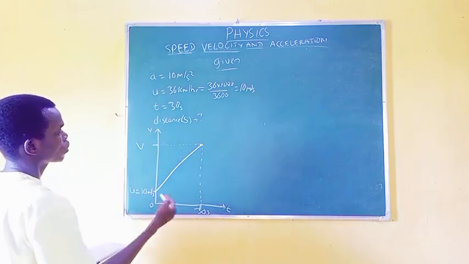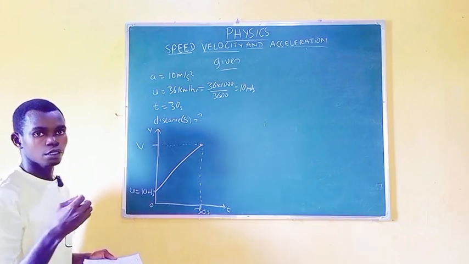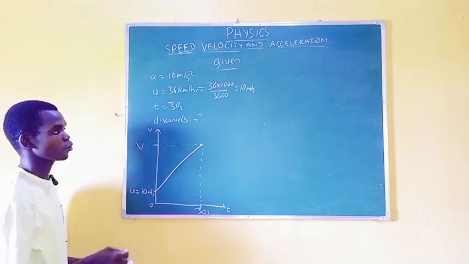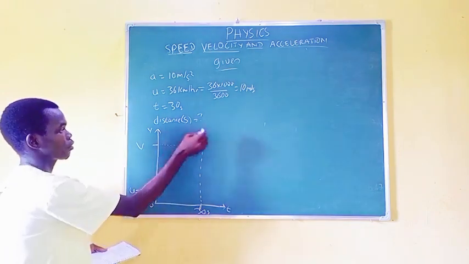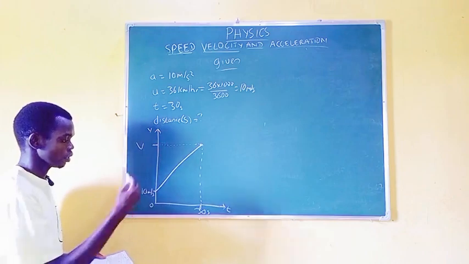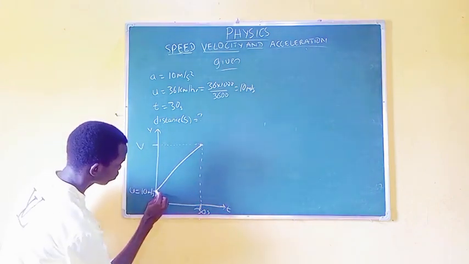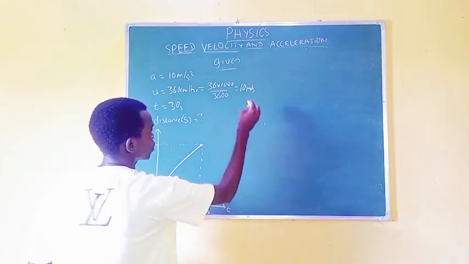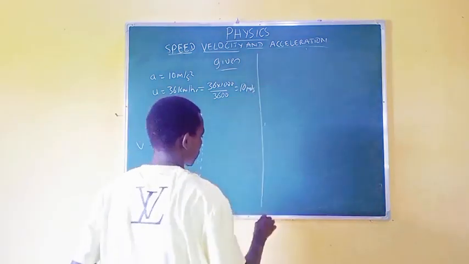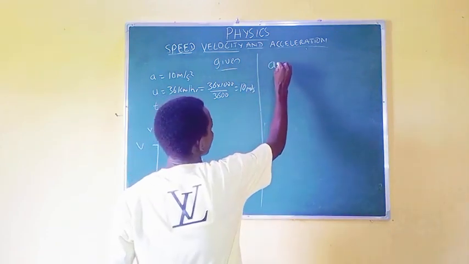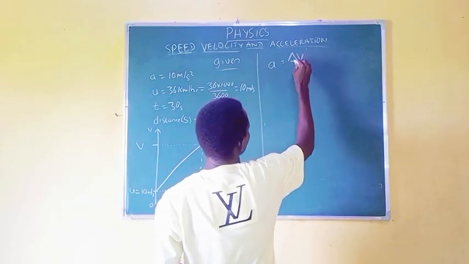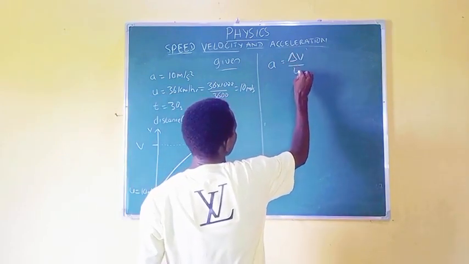So we can use the slope of the velocity time graph to find this velocity before we find the total distance covered during this period. From the velocity time graph, we can find our slope, which is acceleration is equals to change in velocity over time.